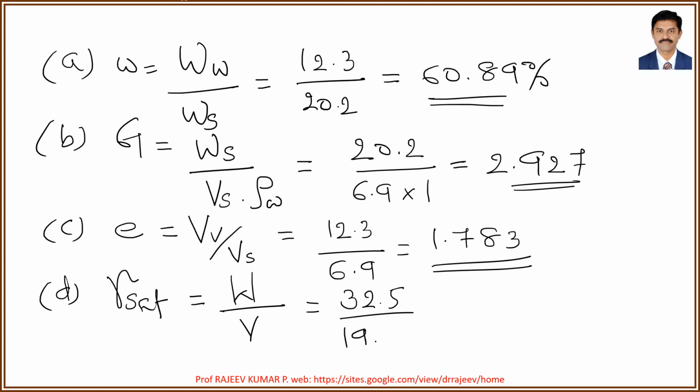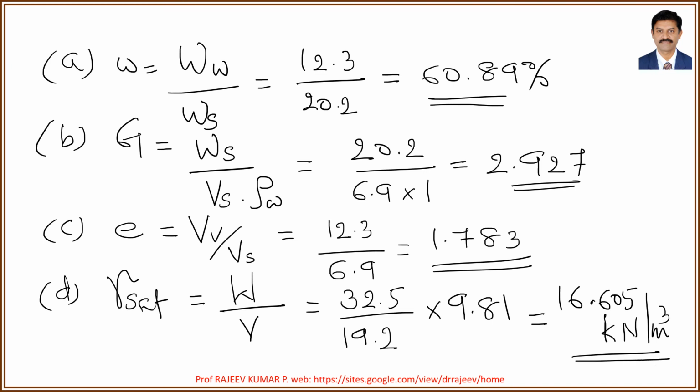As I mentioned in the previous numerical, you have to multiply here with 9.81 because 1 kilogram is equal to 9.81 Newton. So here this will come out as 16.605 kilonewton per meter cube. This is the answer.